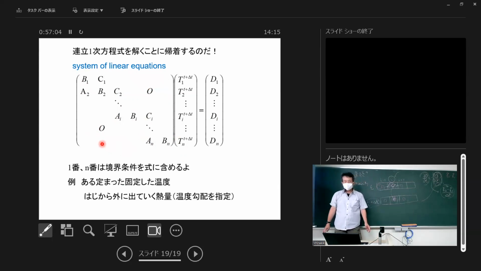But next time, we will learn how to calculate this system of linear equations and how to build the programming code with Fortran, for example. So that is the next seminar, and the next is the last.